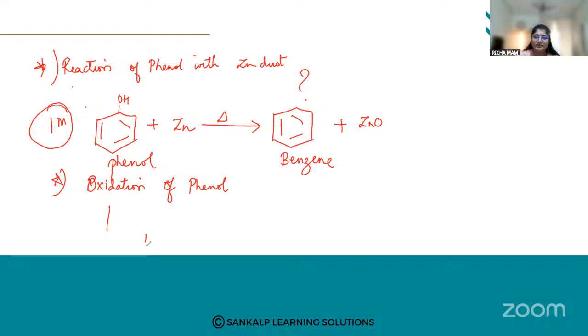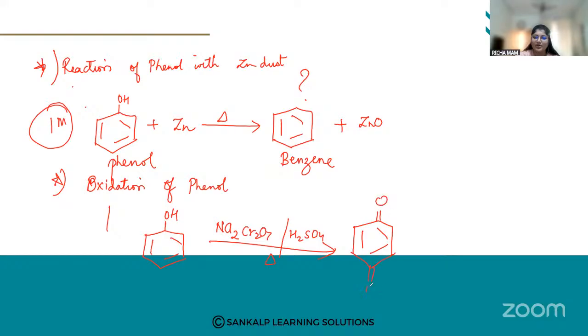So write the structure. Phenol is there in the presence of Na2Cr2O7, H2SO4, heat. What am I going to get? I'm going to get para-benzoquinone.